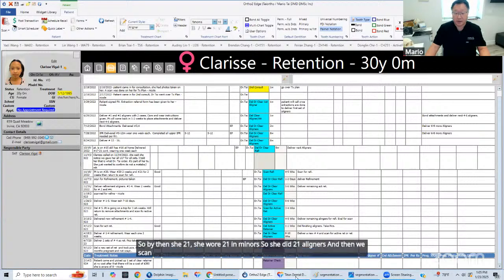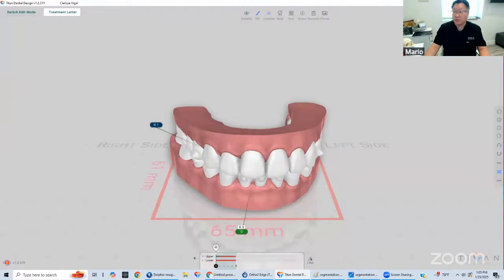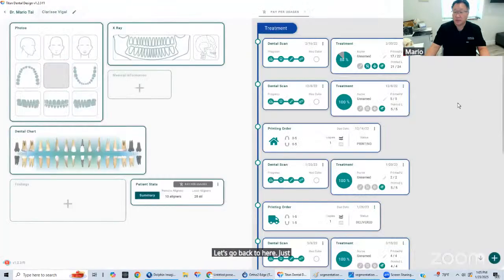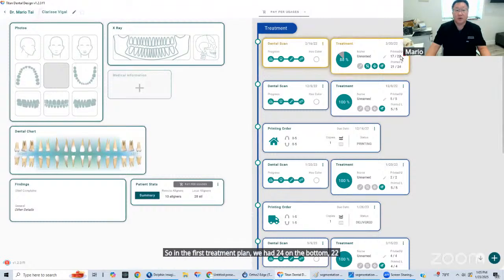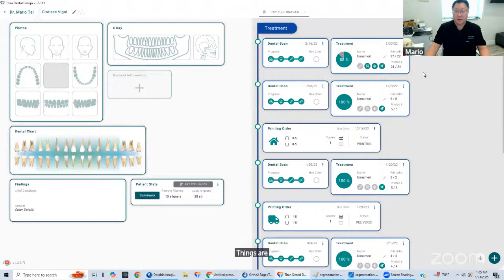So let's go back here. I just want to share with you guys something. In the first treatment plan, we had 24 on the bottom, 22 on the top. So she wore 21, right? At 21, I guess at the time I thought, hey, things are going well, but I think it's time for a refinement, even though she didn't finish the whole 22, 24.